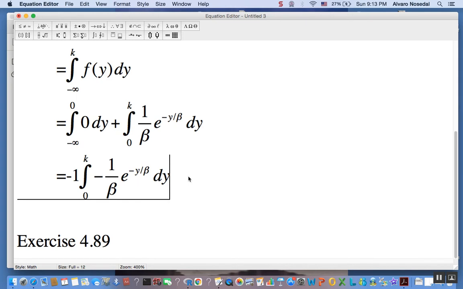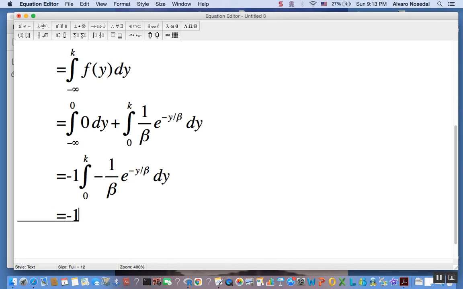Okay, so now we know what the integral is going to be. Let me place that negative 1 outside. Now what I want is just to evaluate that guy, e to the negative y divided by beta. I want to evaluate it at 0 and at k, right?